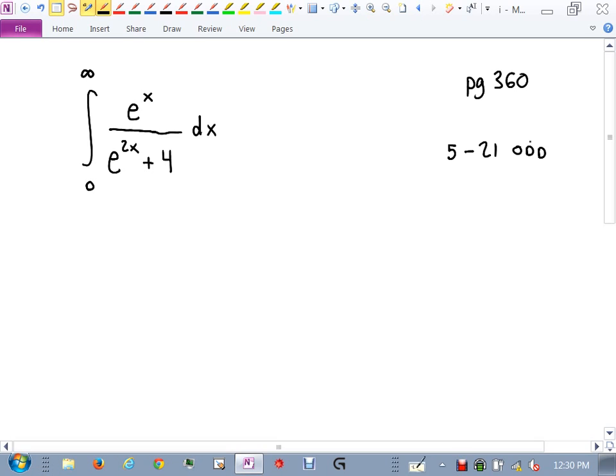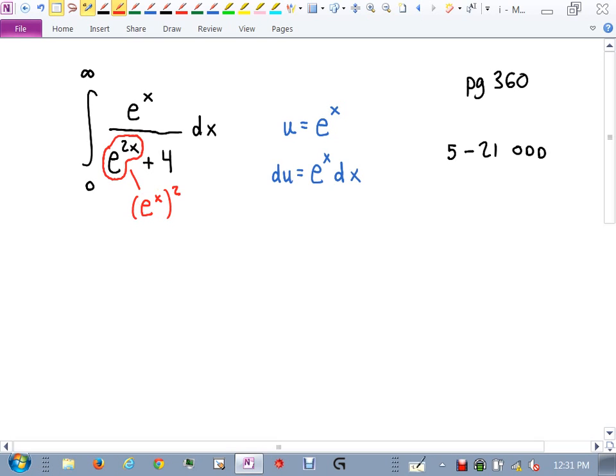All right, so we're going to look at this here. If we stare at it long enough, maybe a u-sub first of e to the x, du would be e to the x dx. Let me rewrite this here. The key, I think, is realizing that e to the 2x is actually e to the x squared.